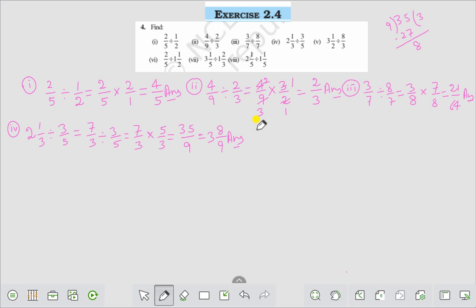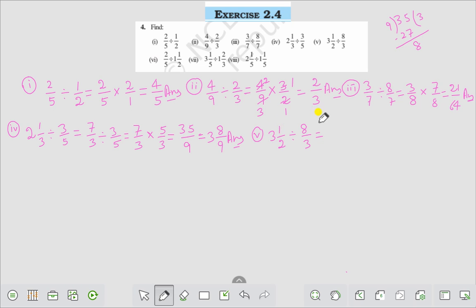Now question number 5 is 3 whole 1 by 2 divided by 8 by 3. That is equal to, multiply this number with this and add this one.